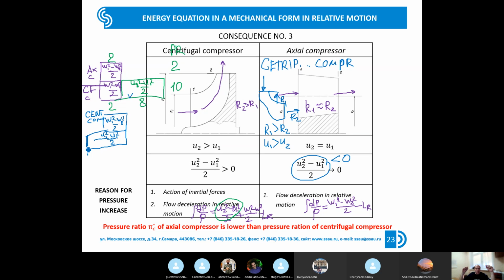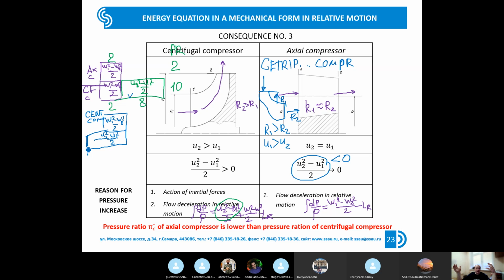I show this slide because we supply different quantities of energy for the compression in different types of compressors. The pressure ratio of one stage of an axial compressor will be lower than that of a centrifugal compressor.